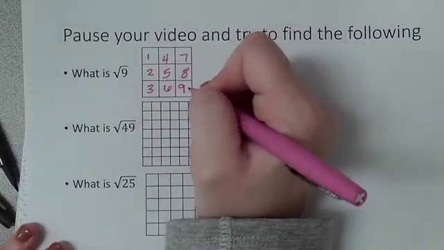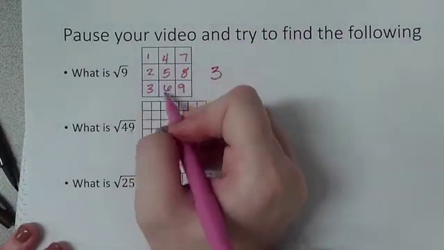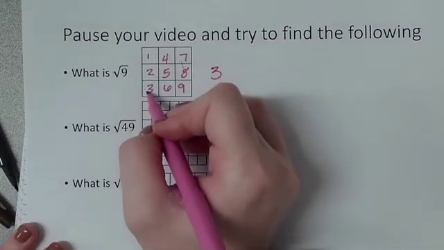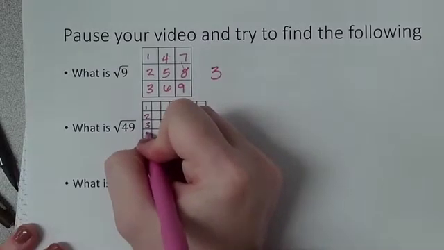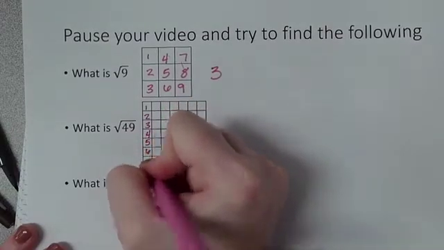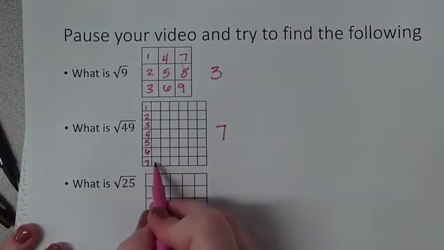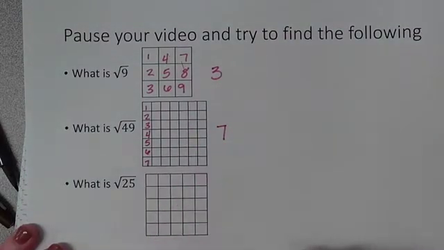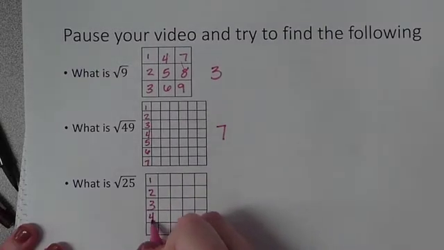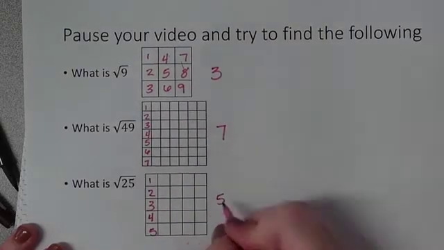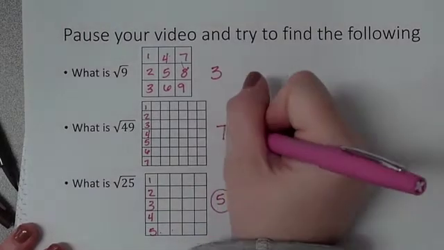So the square root of 9 is 3, because if you had 9 squares, the side length would be 3. Okay, 49. 1, 2, 3, 4, 5, 6, 7. So this would be 7. Okay, 25. 1, 2, 3, 4, 5. So that would be your answer.